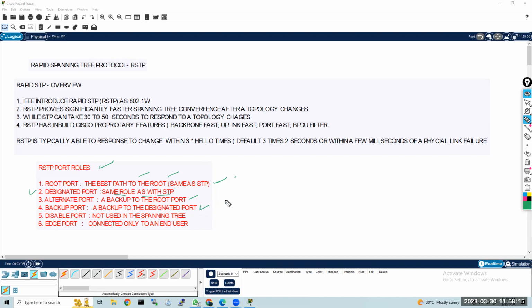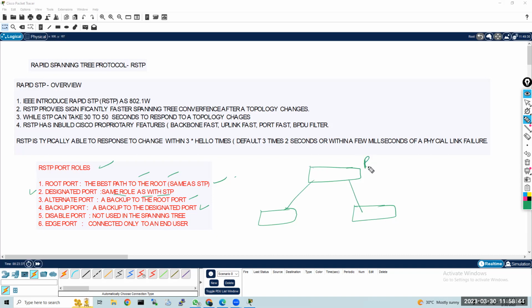What is a designated port, guys? DP. I think I told you, do you remember? Designated port is the port toward the node with which communication has to happen, the path is known. For example, this is my three switches connected.